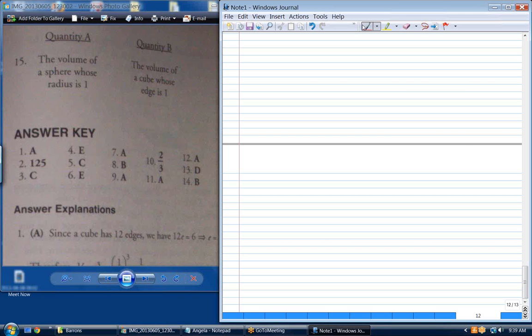Wait a second. Yes. Good. The volume of a sphere is 4 divided by 3 pi r cubed. There's r of a sphere. Here's r.